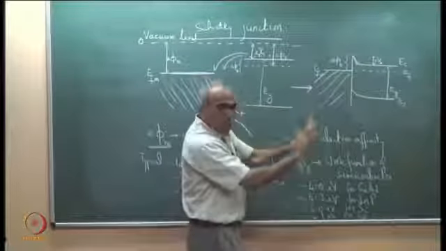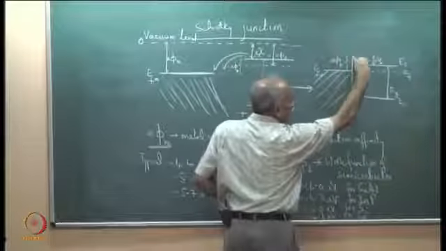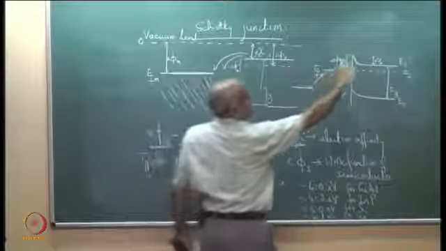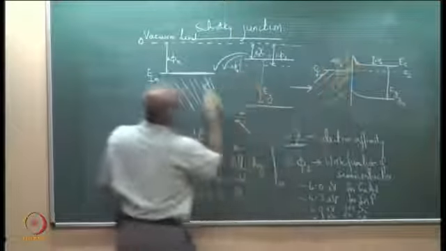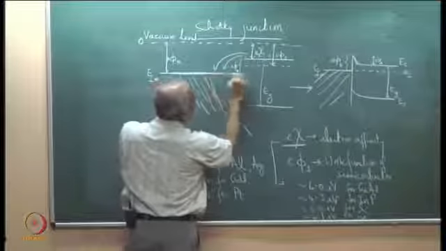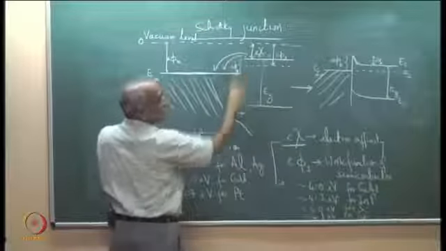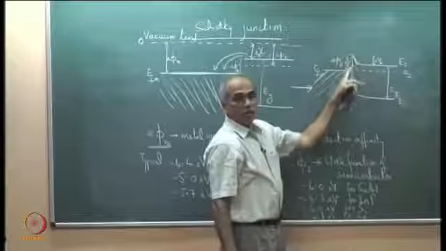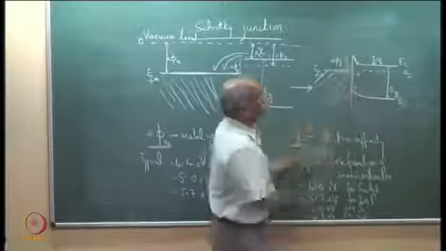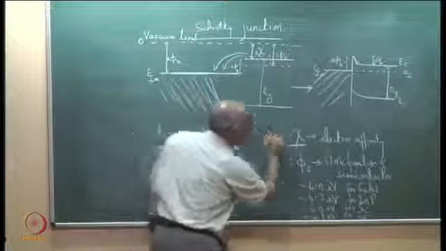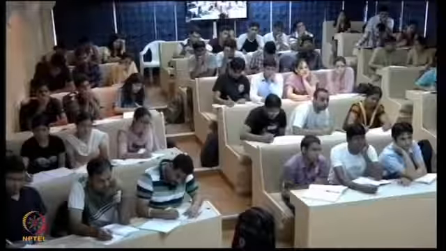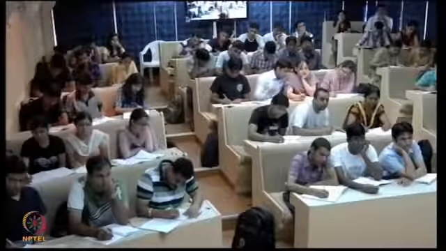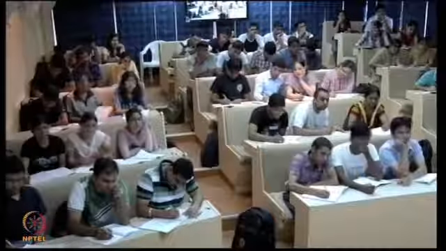When you have made the contact, there is a variation which has come because of charge migration, but there is a potential barrier here because there was a discontinuity. If I extend this up to this, you can see this is the discontinuity, and this discontinuity, E phi b, is called the Schottky barrier, or phi b is called the Schottky barrier potential.